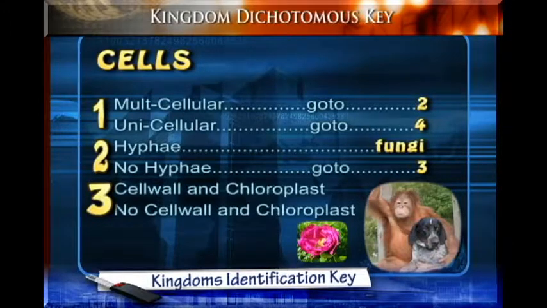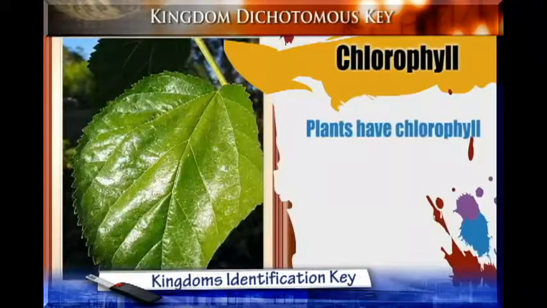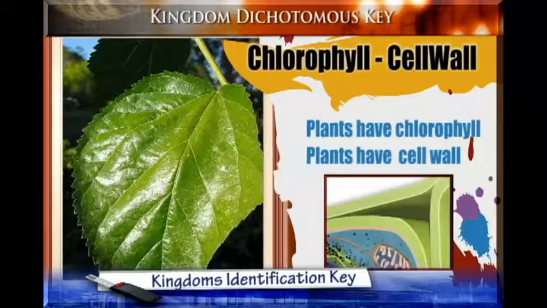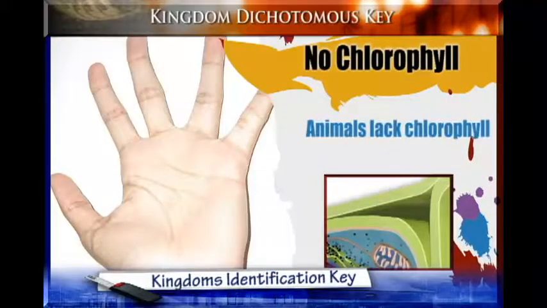So when you look at the animals and the plants, plants have chlorophyll, they have a cell wall, and animals don't have chlorophyll, neither do they have a cell wall.